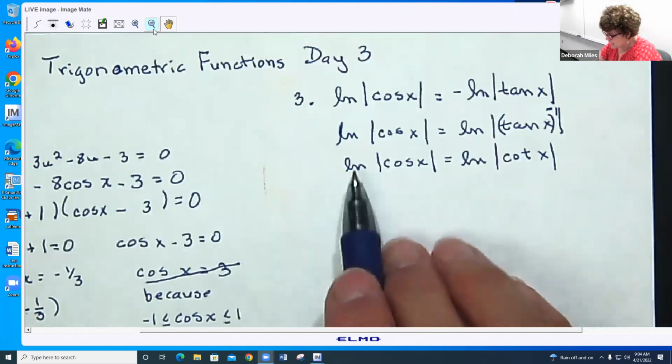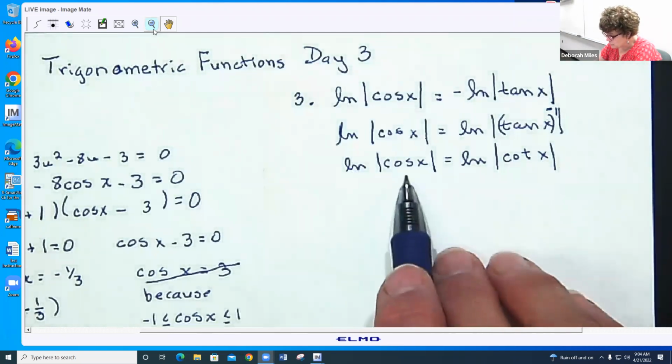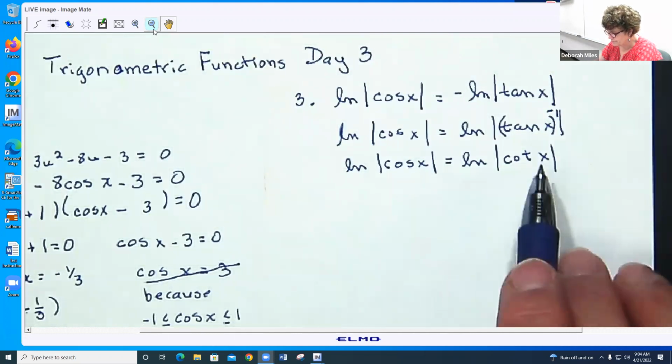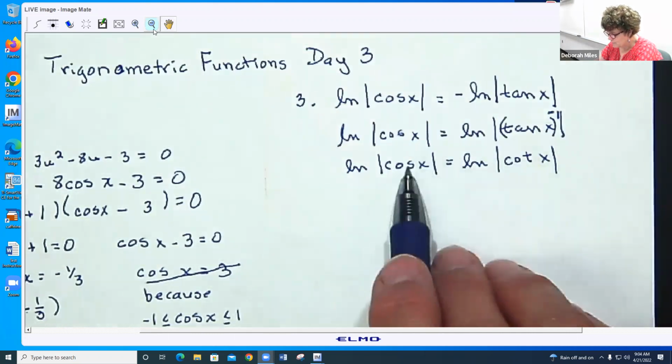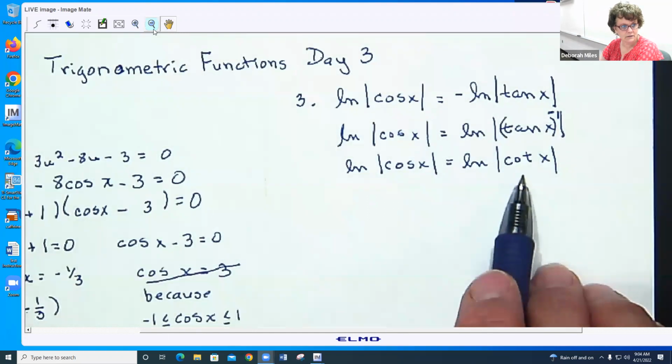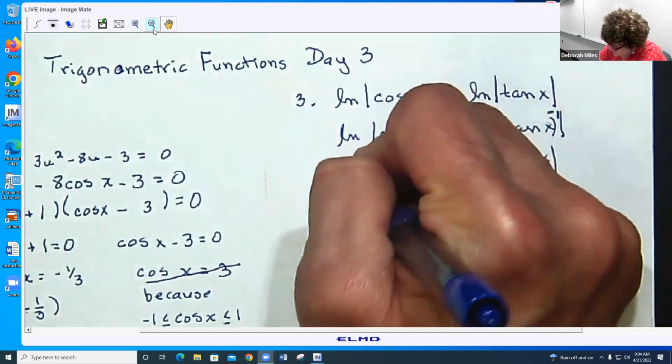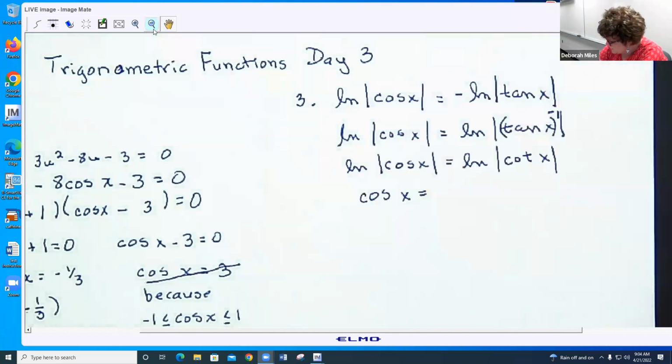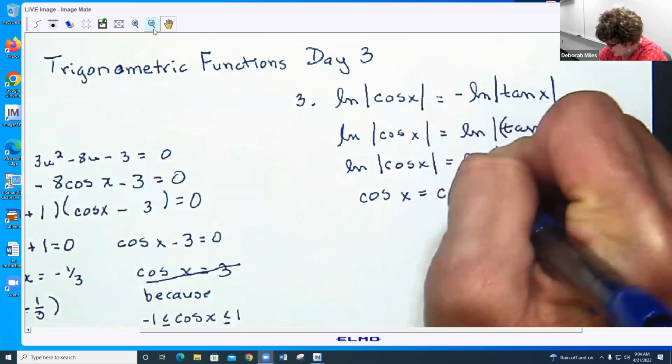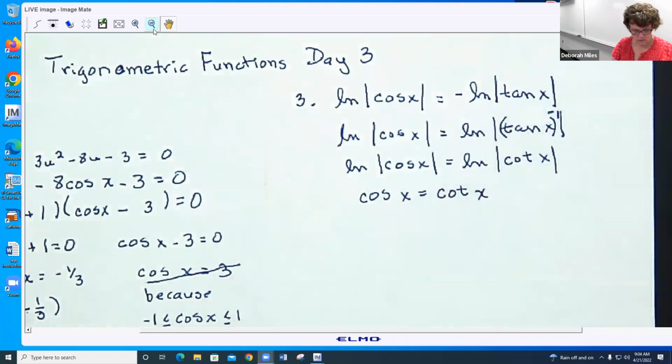And I can say if natural log of animal equals natural log of duck, the animal has to be a duck. Cosine x has to be the same as cotangent x. Oh man, that's still ugly. Any ideas?